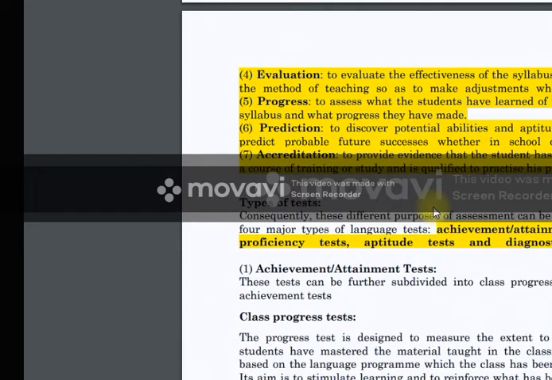Prediction, number 6, which is important to discover students' potential abilities and aptitudes. I mean, to predict what the students can do in the future, depending on his or her current language information.